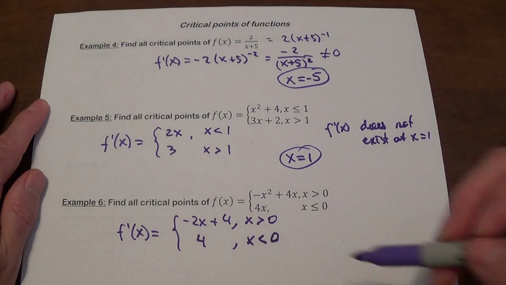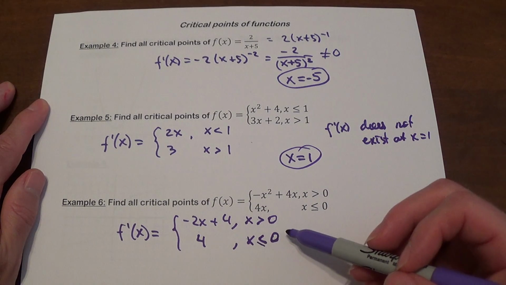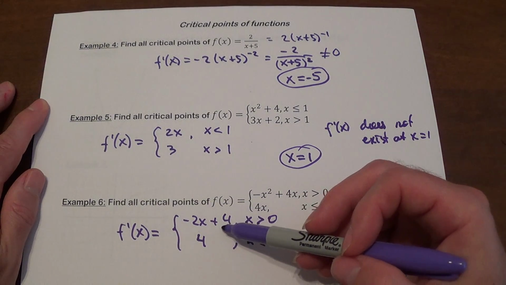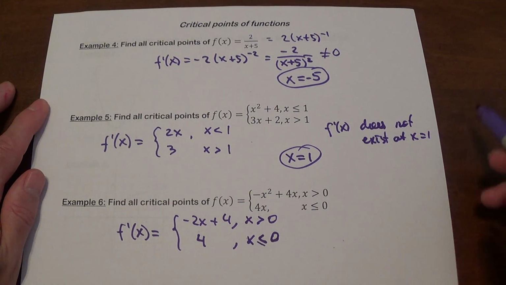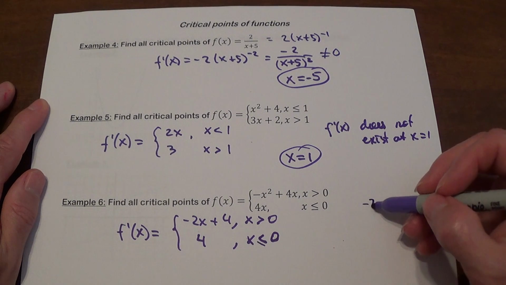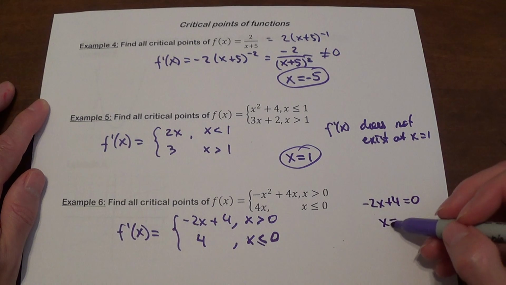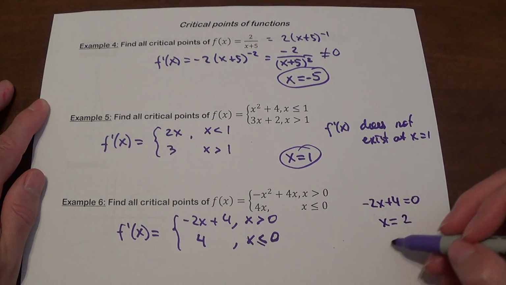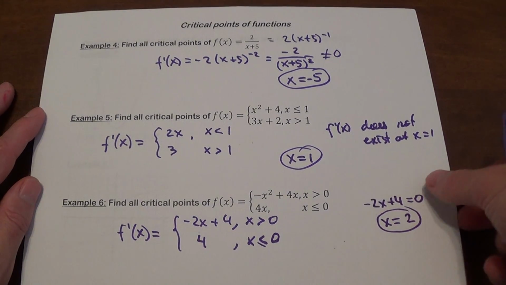That means that here, you can actually have equal. The derivative to the right of 0 is going to be -2x plus 4, and to the left of 0 is going to be 4. But they are actually going to be equal to the left and to the right of 0. So it's not the same situation that we had here. However, you have this part of this expression where the derivative can equal 0, and that is when x is 2. So that is going to be our critical value or critical point.